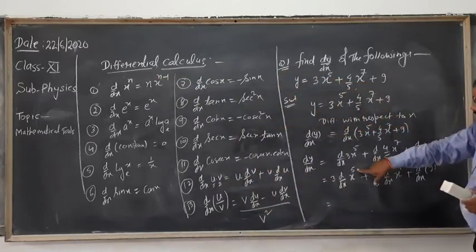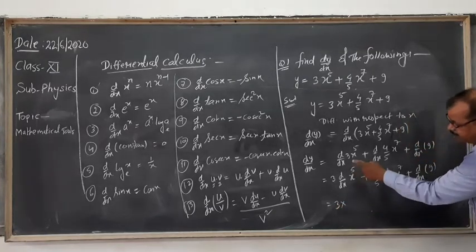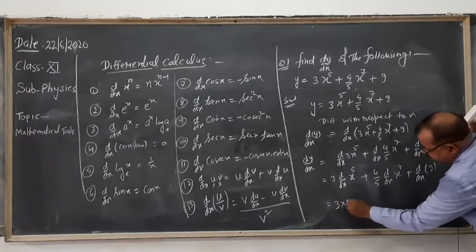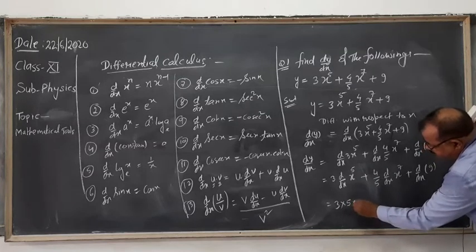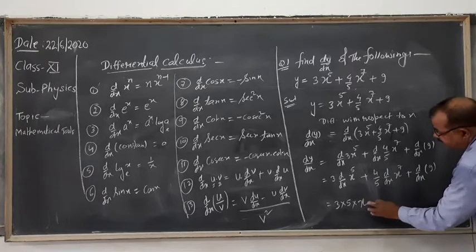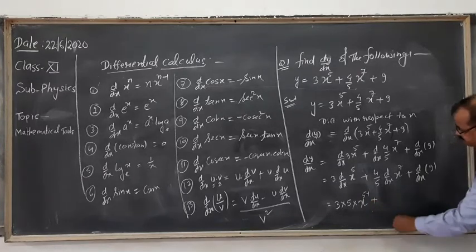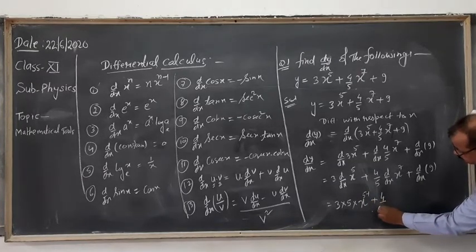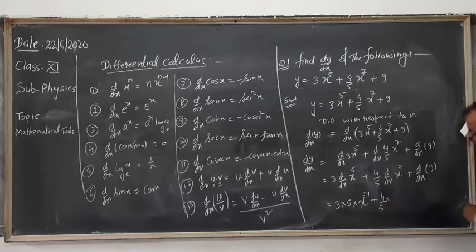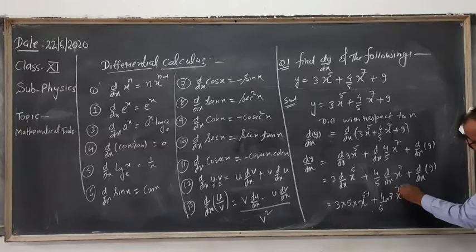So here n is 5, means 3 into 5 into x to the power 5 minus 1, plus 4 upon 5 into 7 into x to the power 7 minus 1.